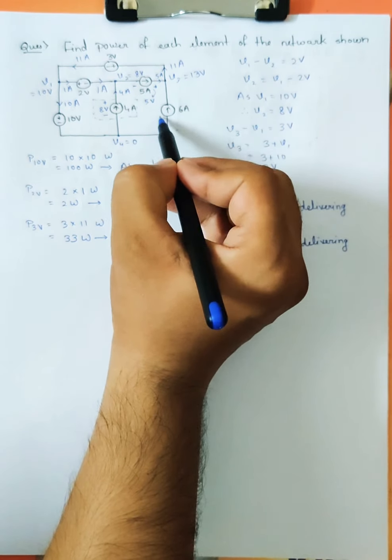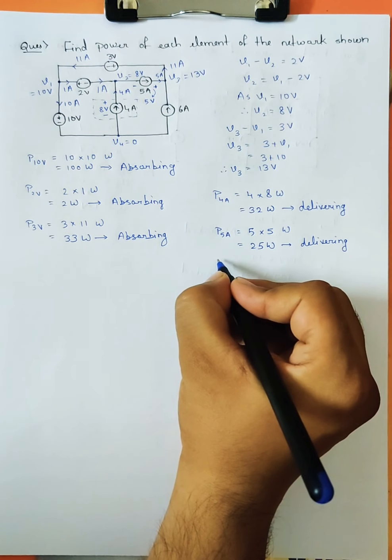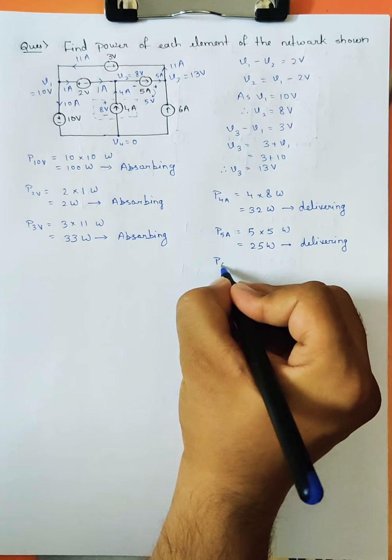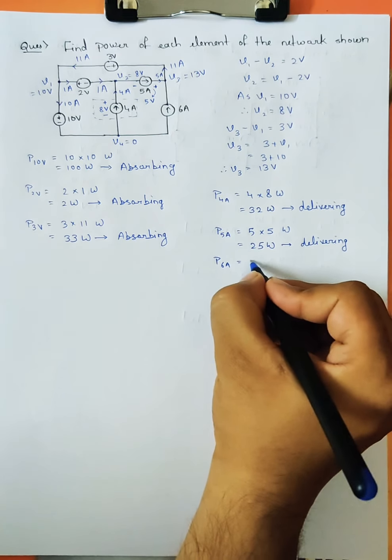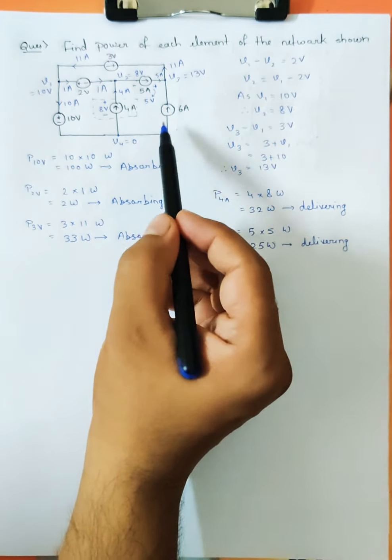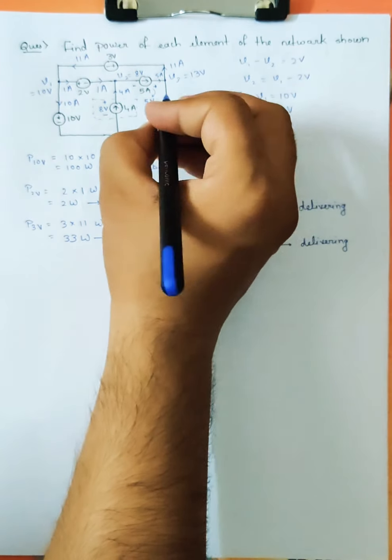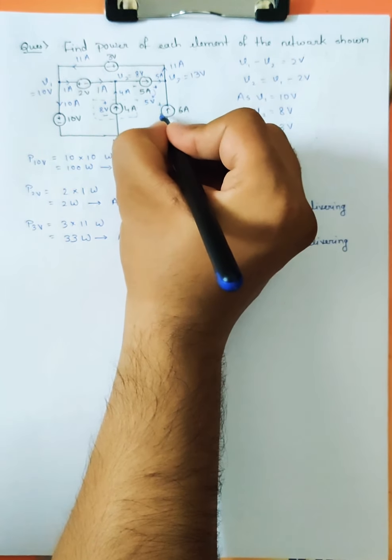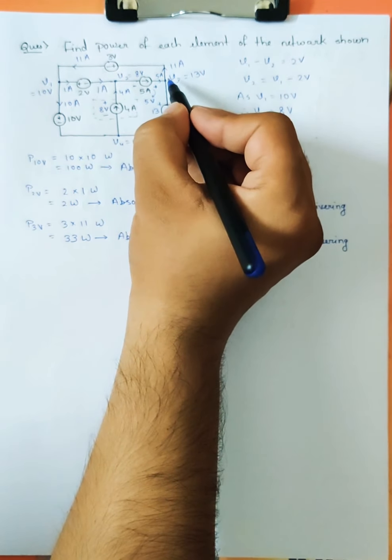So again the current is going away from the positive terminal of the element. Now we will take this 6 ampere current source. P 6 ampere is equal to current 6 into the voltage across this current source, that will be plus minus 13.